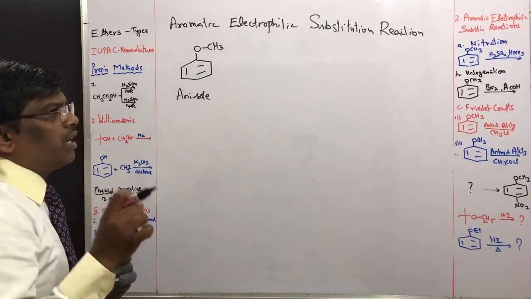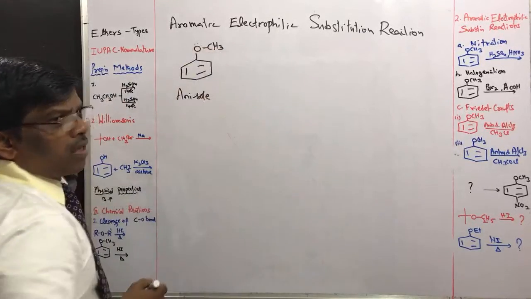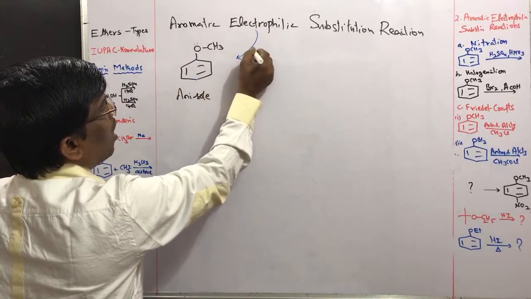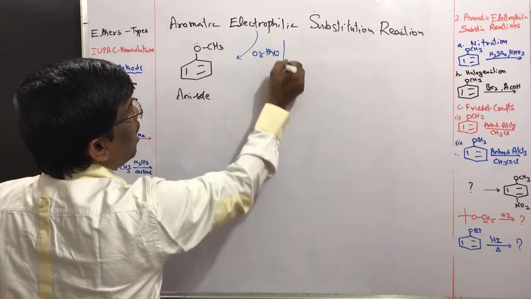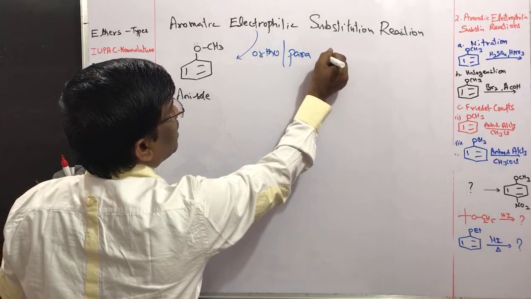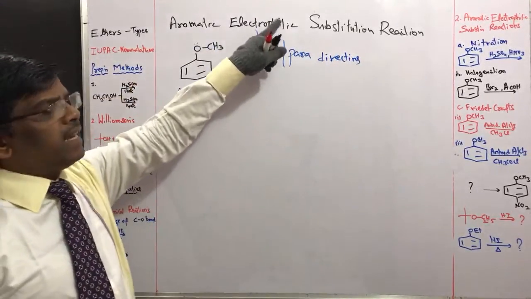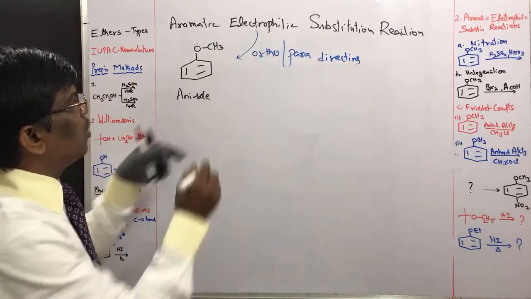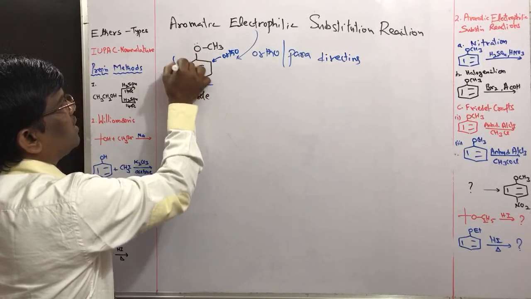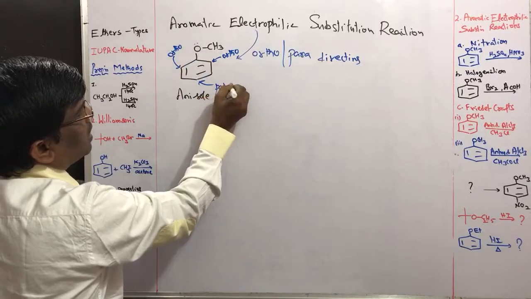So I will take this example and explain this aromatic electrophilic substitution reaction. Before going deeper, what is the orientation of this methoxy group? The methoxy group is an ortho or para directing group. That means this methoxy group directs the incoming electrophile to ortho. This is the ortho position. This is also an ortho position, either of these two sides, and this is the para position, right?